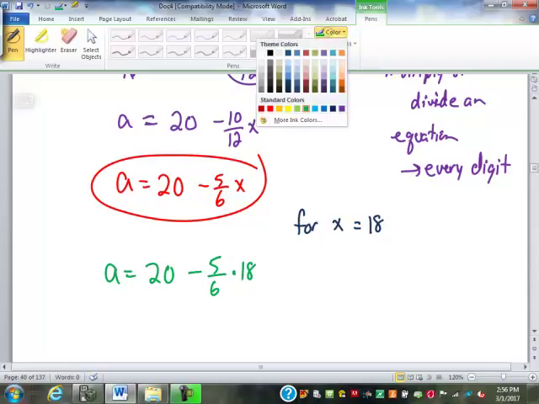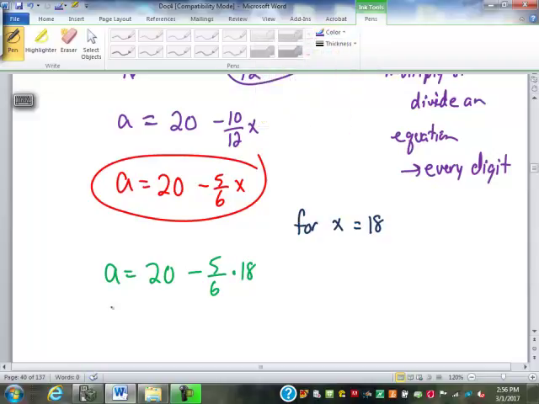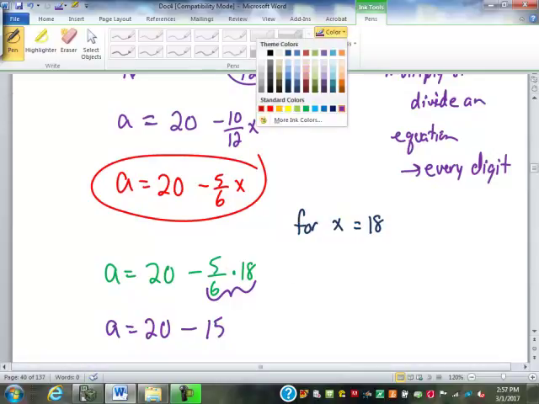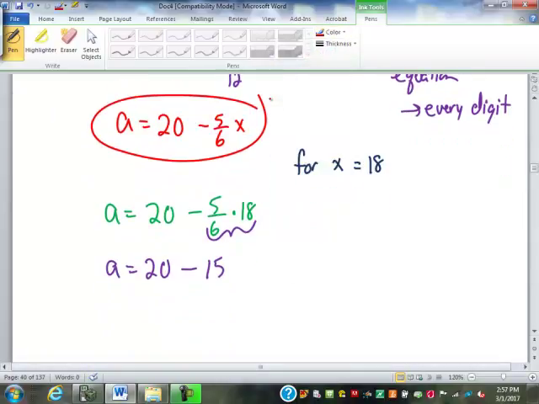And now it's just an order of operations problem to solve that. First thing we have to do is the multiplication. 5/6 times 18 is 15. And then it's just 20 minus 15 is 5. So A equals 5.